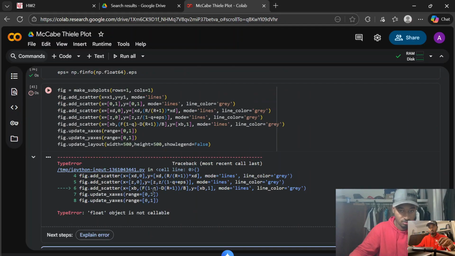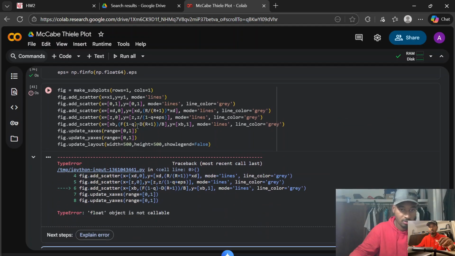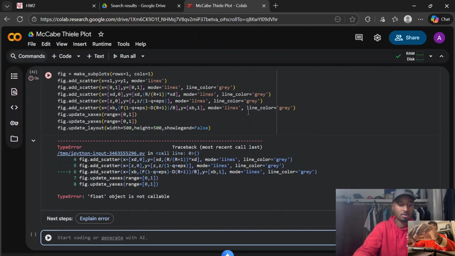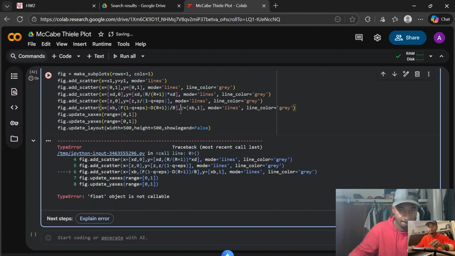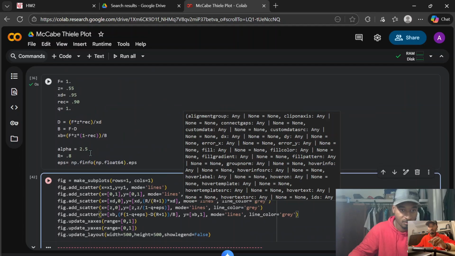Flow is not callable. The EPS there. So let's add the EPS and see if that object is still not callable.